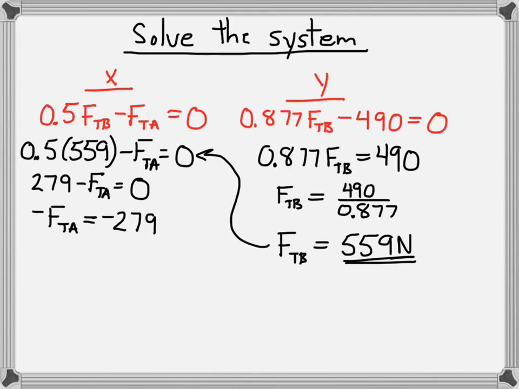I didn't flip that equation around. So I get negative FTA equals negative 279, and multiply both sides by negative 1, and the tension force in chain A is 279 newtons. So that is how you solve a problem where you have no normal force.